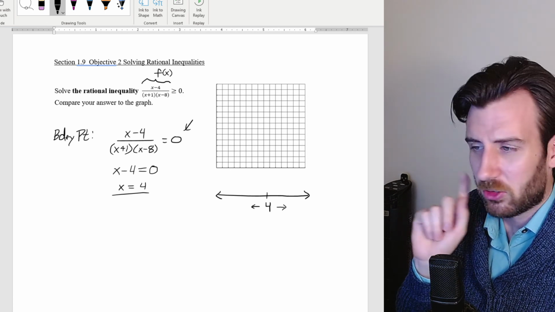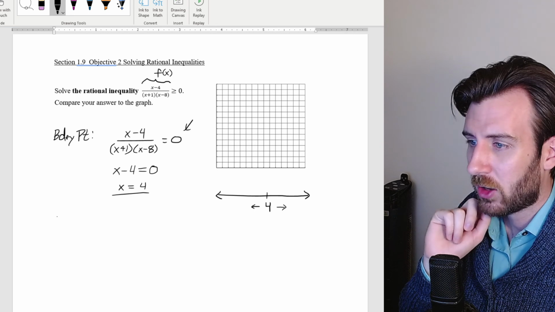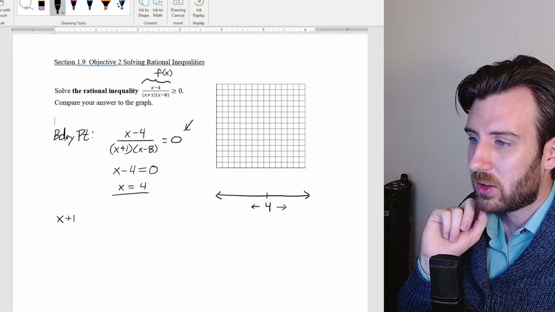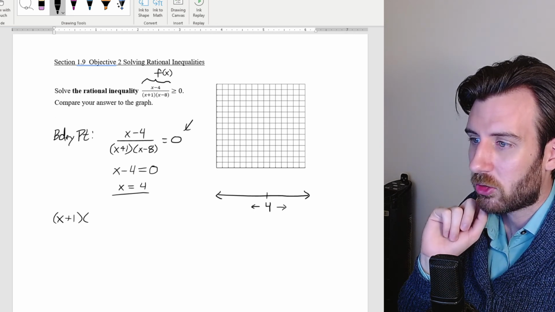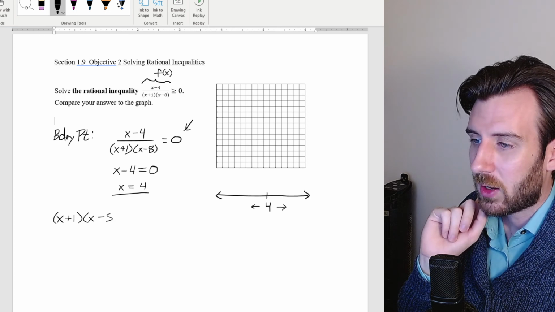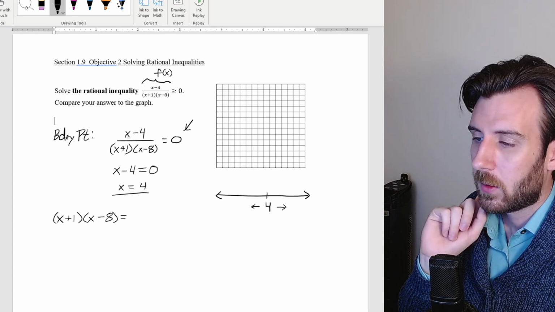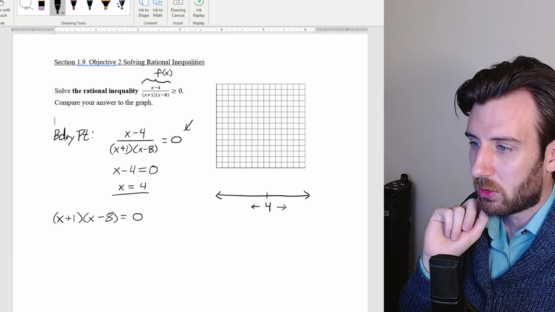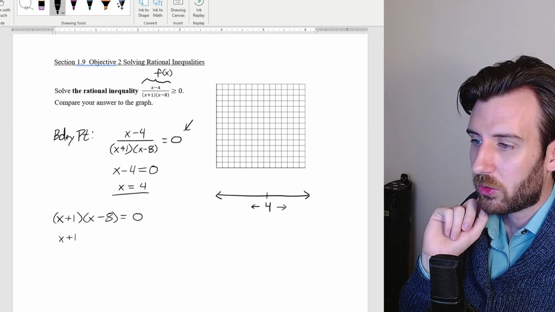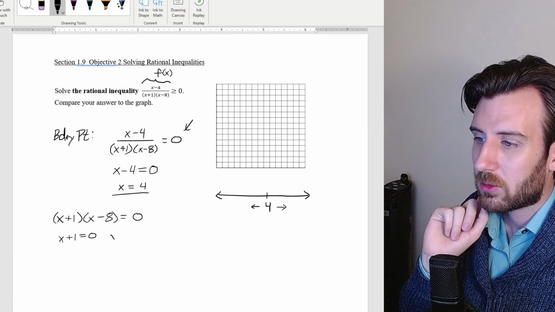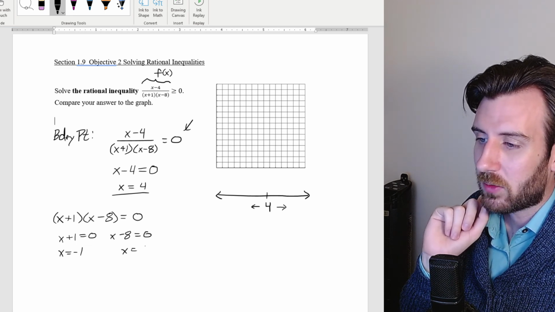So perhaps let's just take a look, just to be cautious. Let's consider, when does the denominator also switch from being positive to negative? So we're going to find out, when does this thing become 0? That would be when x plus 1 equals 0, or when x minus 8 equals 0, which would be x equals negative 1 and x equals positive 8.